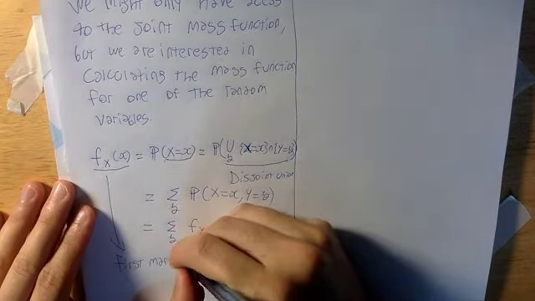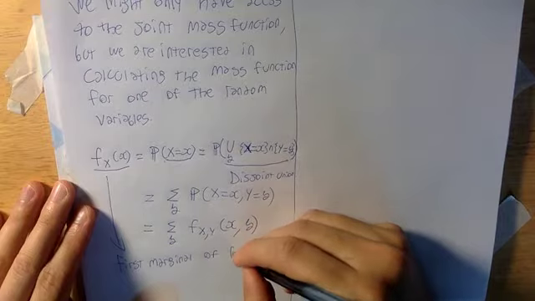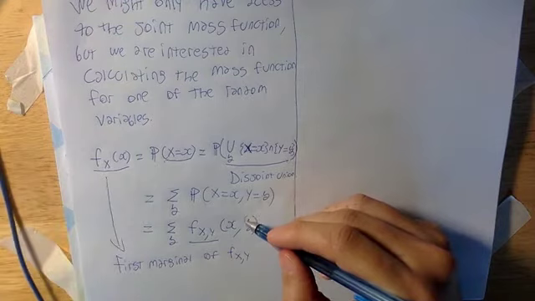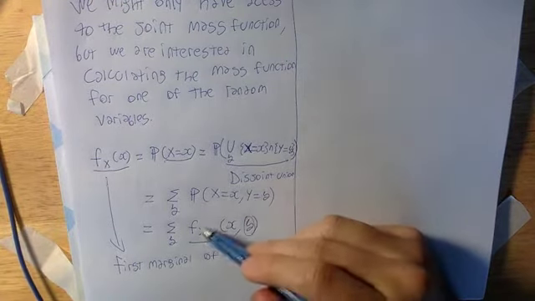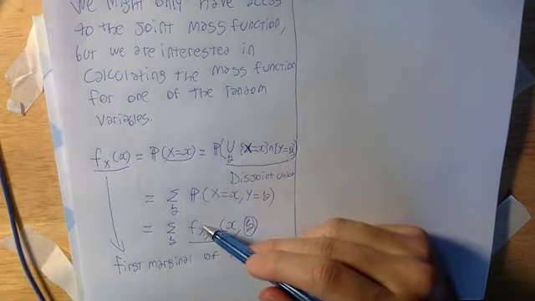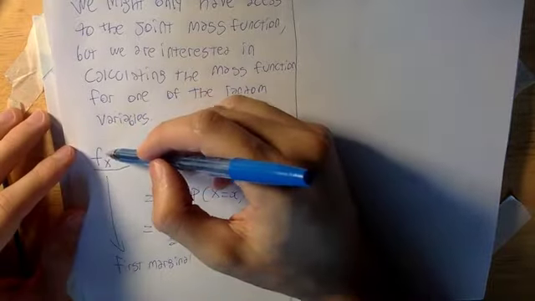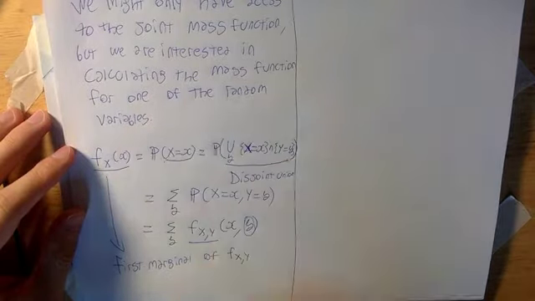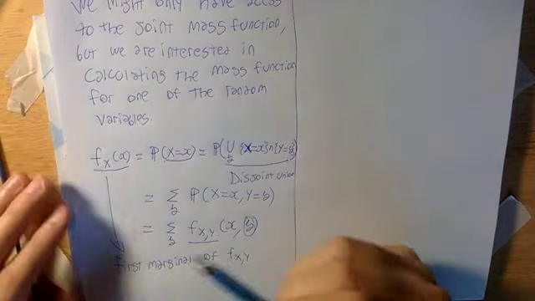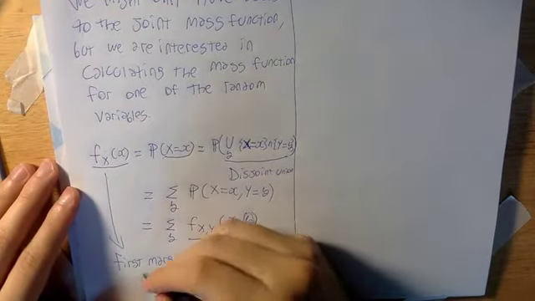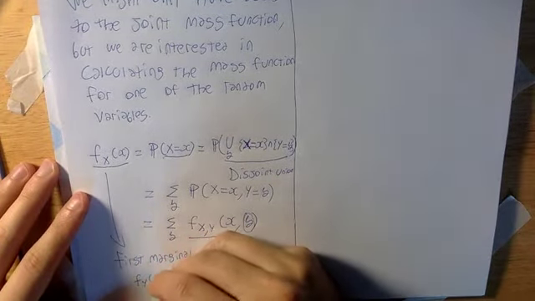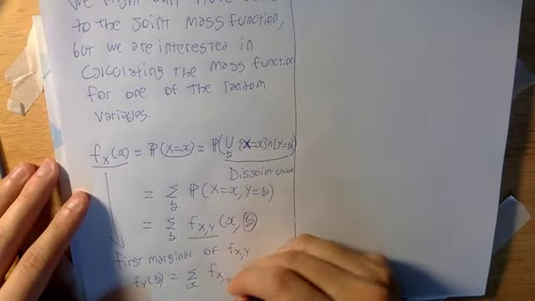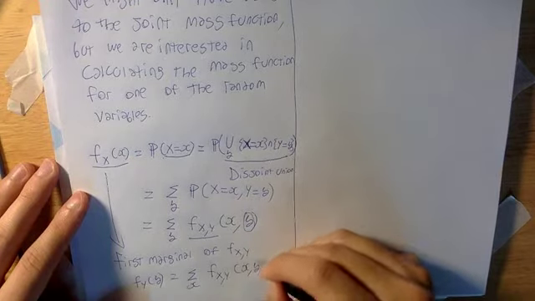Okay, so this here is called the first marginal of f of x, y. In this case, if we sum over all the possible values of y of this joint mass function, we actually find the mass function for capital X. Similarly, f of y at little y is going to be the sum over x of f of x, y.